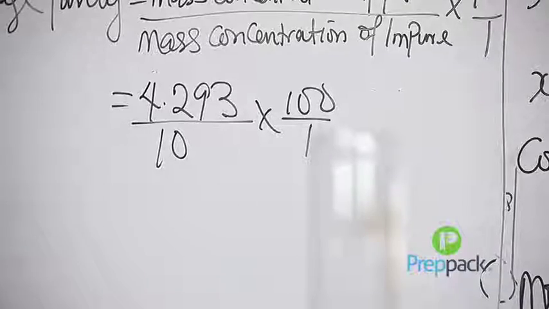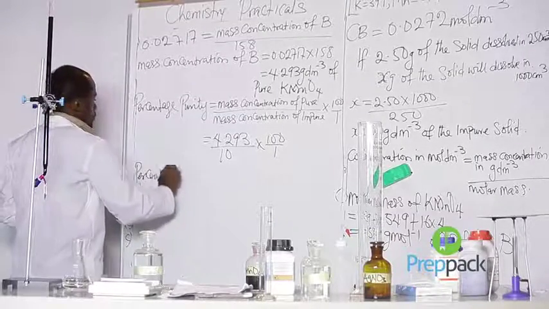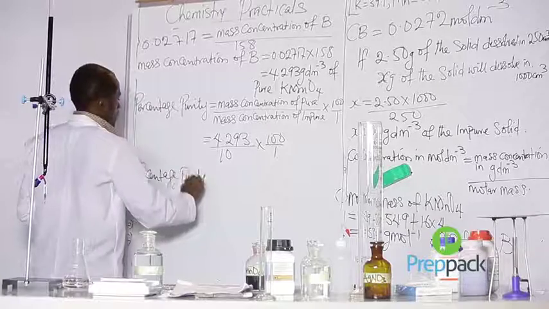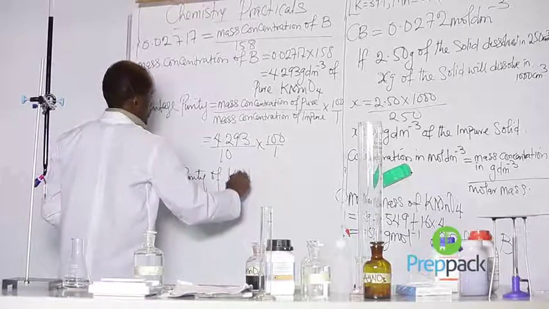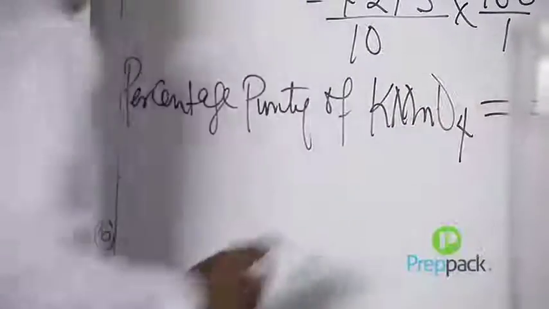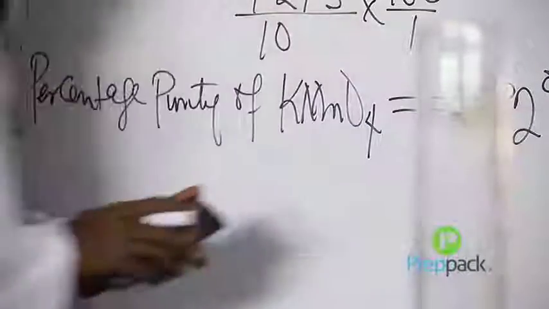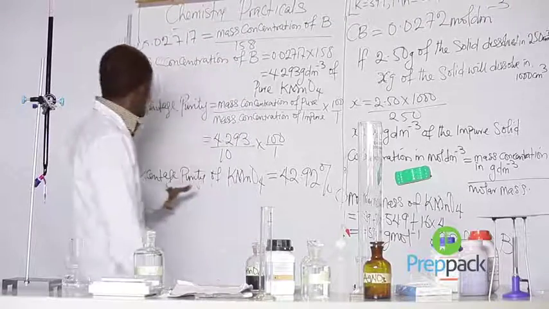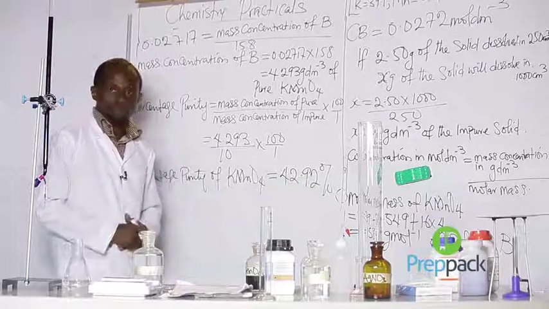So percentage purity of KMnO4 equals 42.92%. This is the percentage purity of the KMnO4, which is 42.92%.